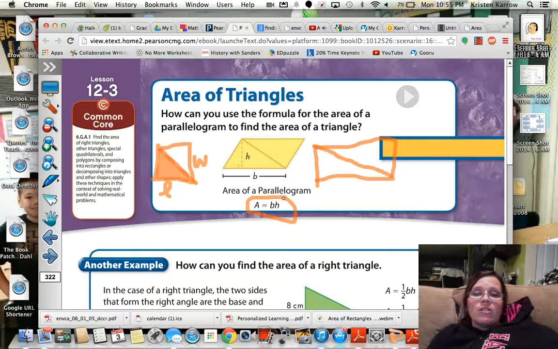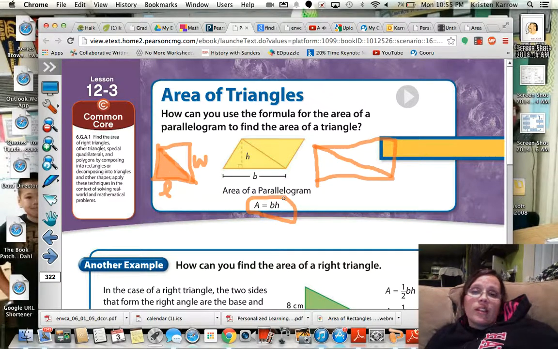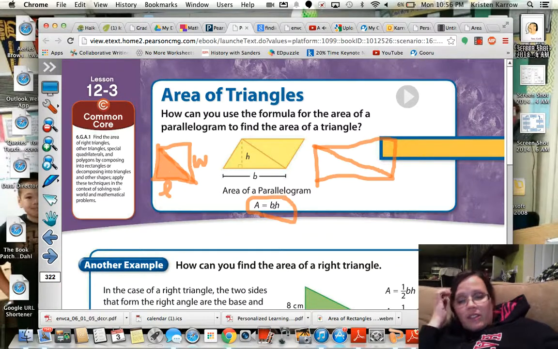So you can see the area of a parallelogram here is described as area equals base times height. So in your notes, on the left-hand side, I want you to write area of a parallelogram. And on the right-hand side, write the formula for area of a parallelogram. The formula is area equals base times height. Remember, if there's no sign here, that means multiplication.